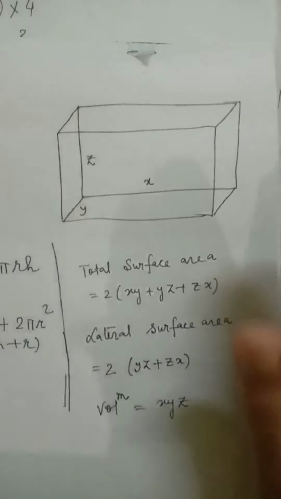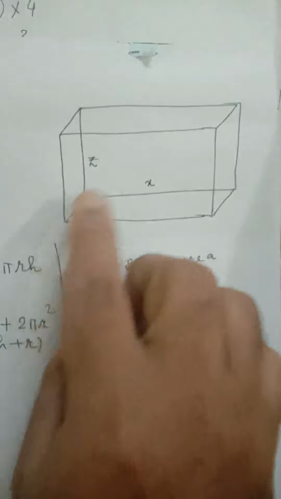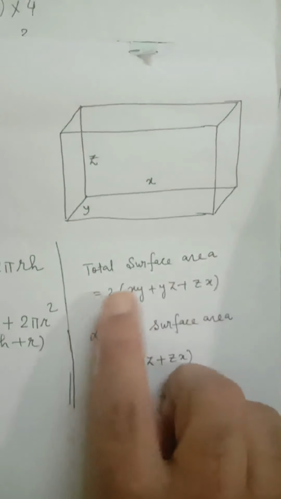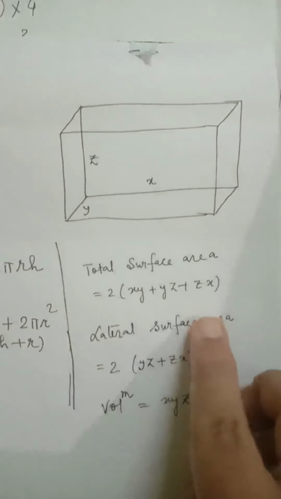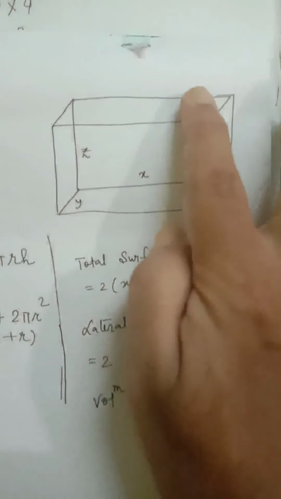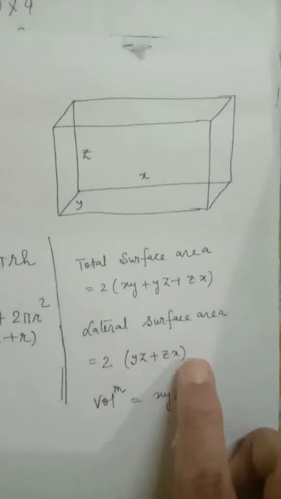Next, let us consider this cuboid whose length is x, breadth is y, height is z. The total surface area is 2 into xy plus yz plus zx. The lateral surface area, that is surface area of 4 walls excluding the ceiling and the base, will be 2 into yz plus zx.